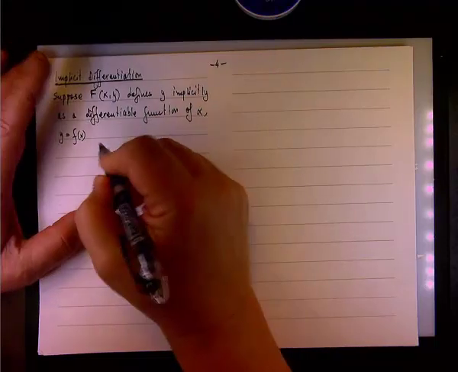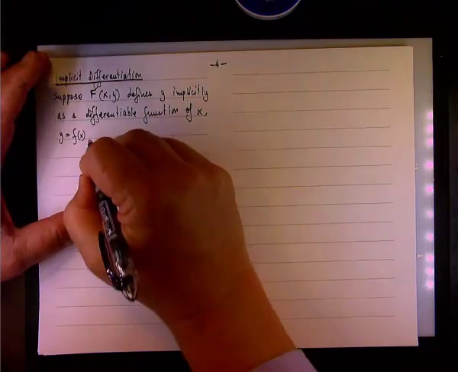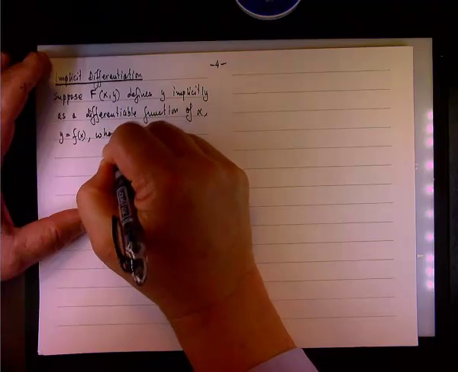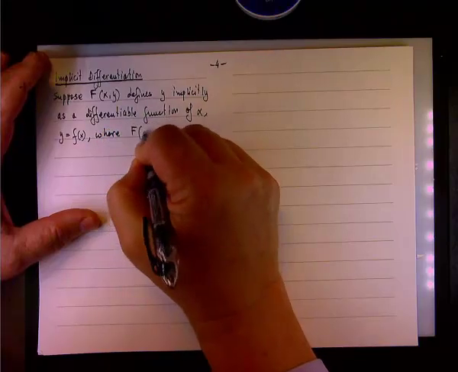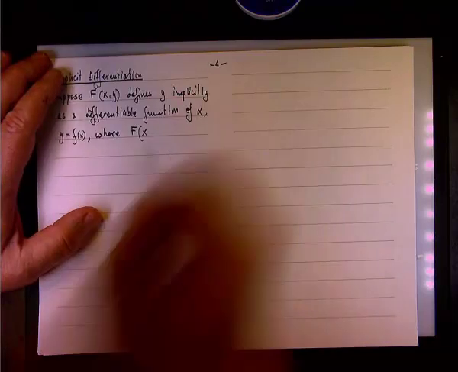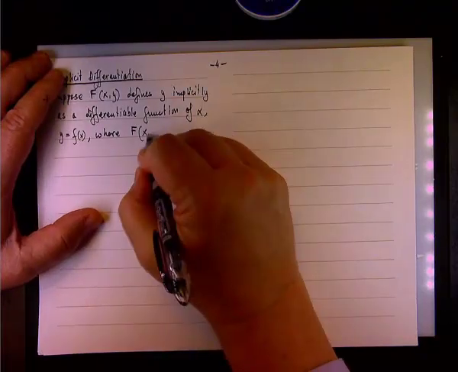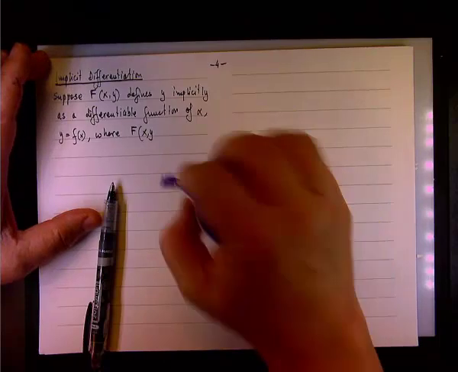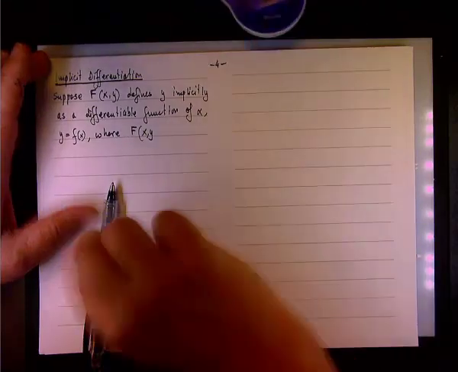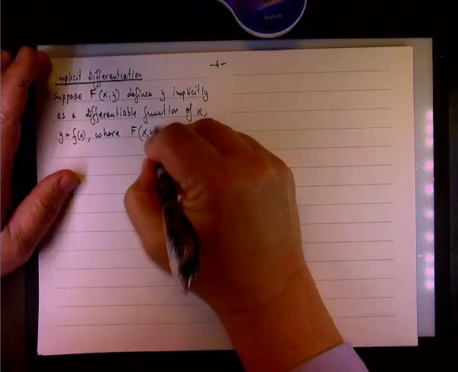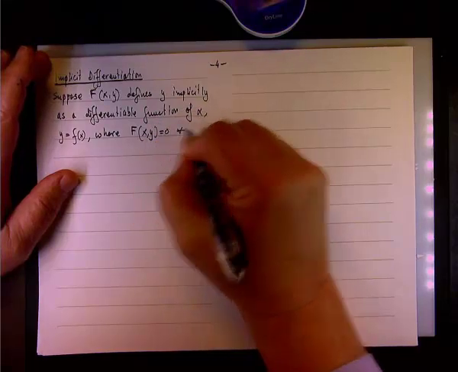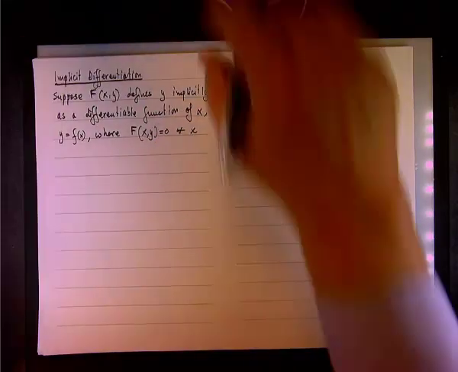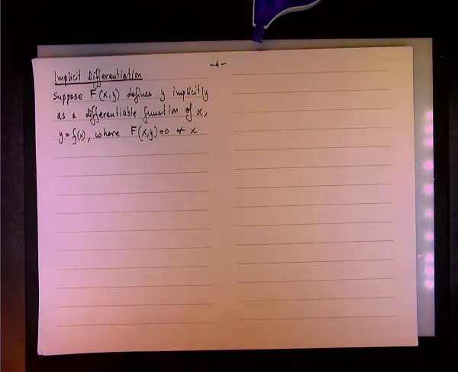In this case, it will be y equals f of x, but sometimes we won't be able to express it this way. But the point is, the function F of x, y equals 0 for all values of x.